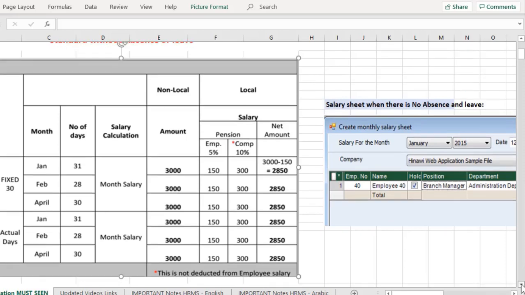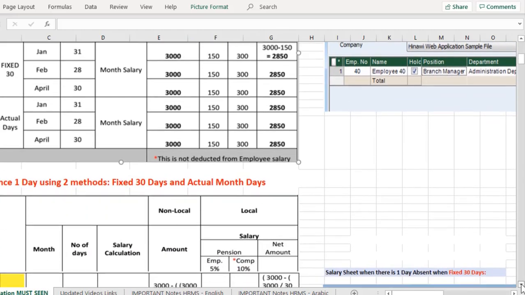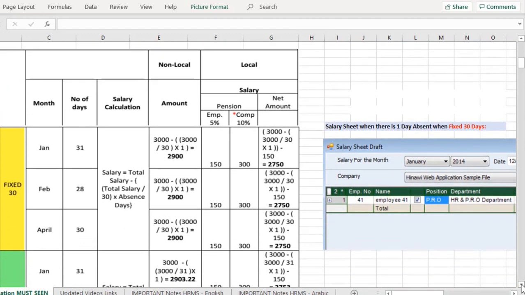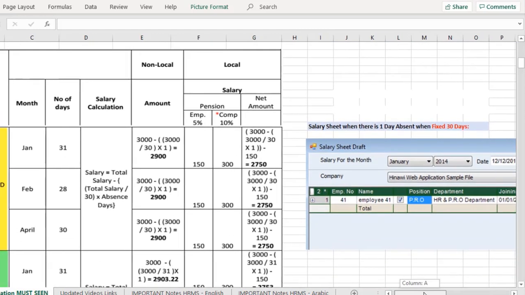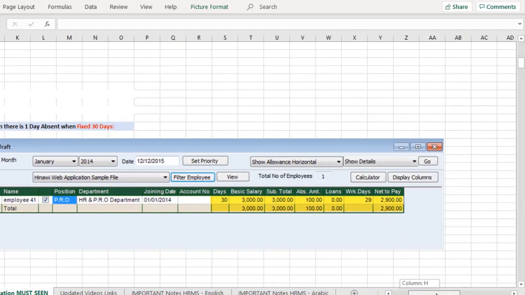In the second example, which we have seen here, when there is 1 day of absence, this is the way it was calculated for fixed 30 days. As we can see here, the working days were 29 days because there was 1 day of absence, which gives us the 2,900.